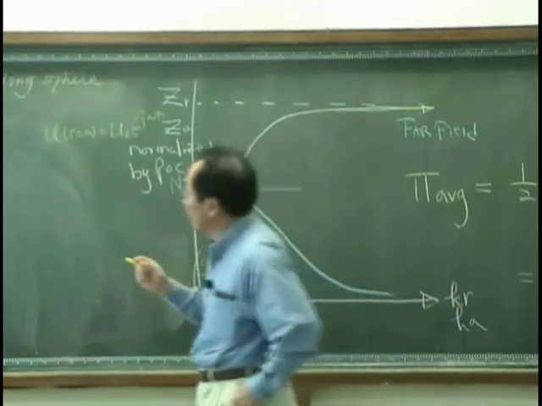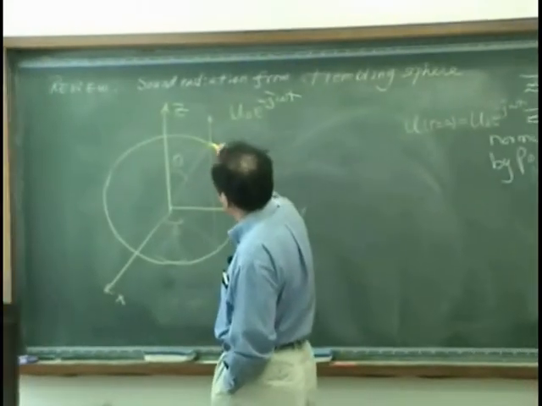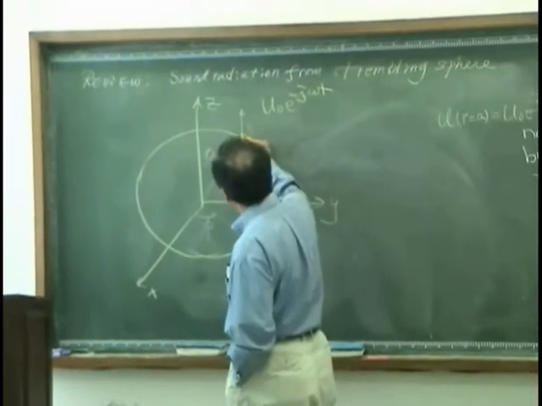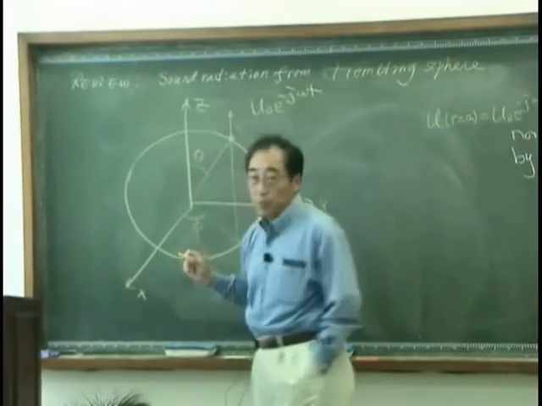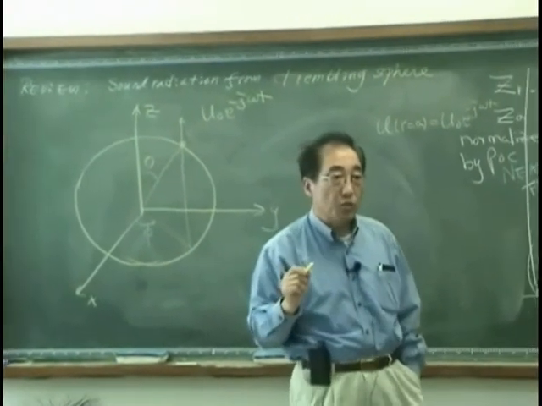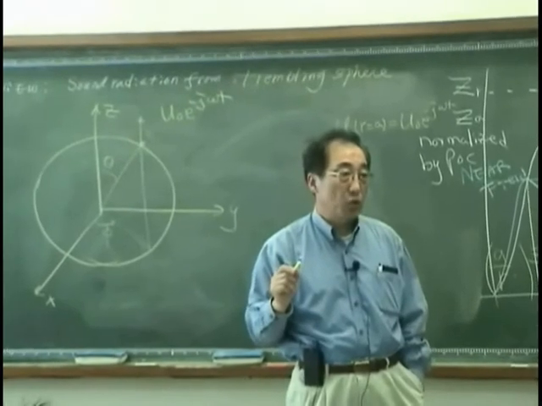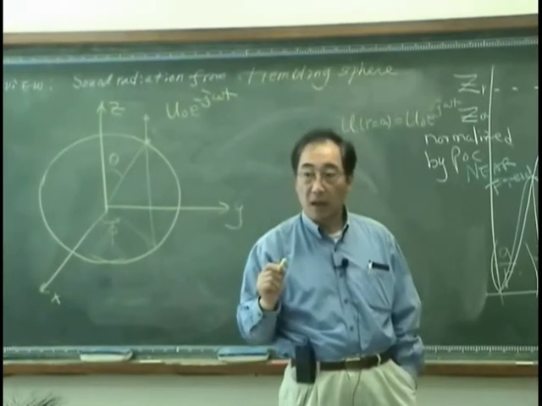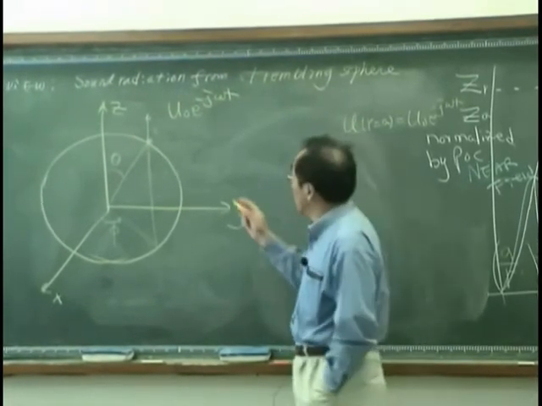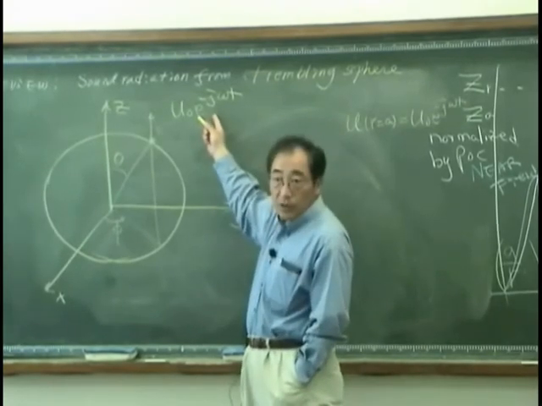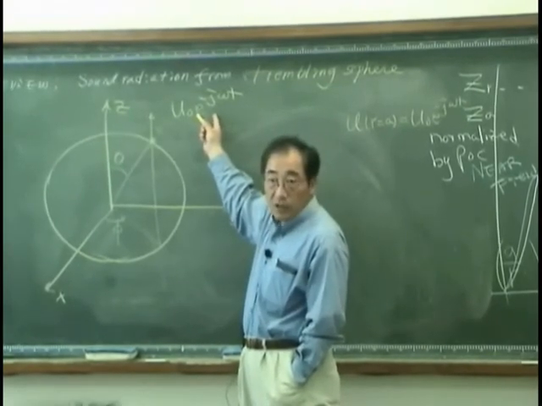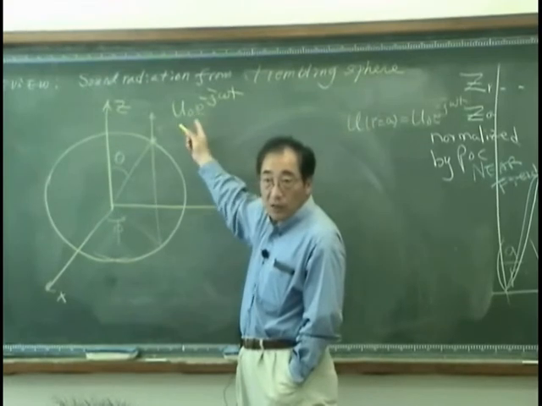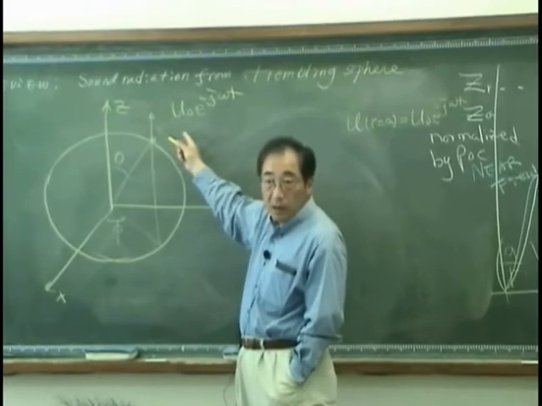Okay? But how about the boundary condition over here? In other words, how does this fluid particle have to move in terms of velocity? u0 exponential minus j omega t, that is the velocity of this particle, right?